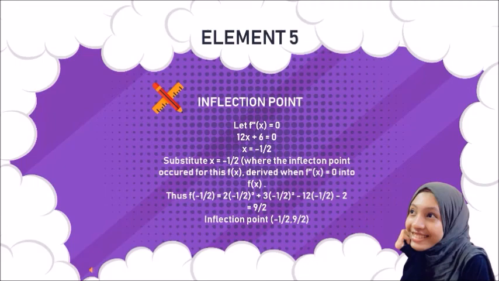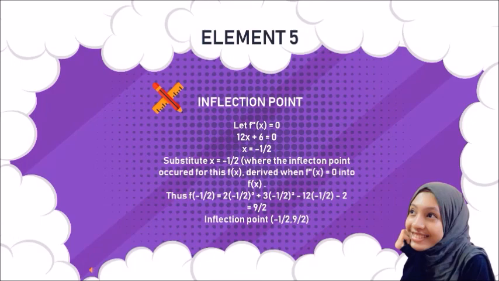Then, we substitute x equals -1/2, where the inflection point occurs for this f(x), derived when f double prime x equals 0, into f(x). After we substitute the x value, we get 9/2.